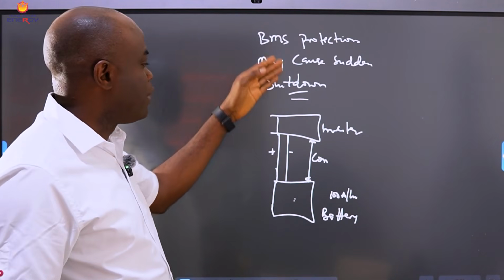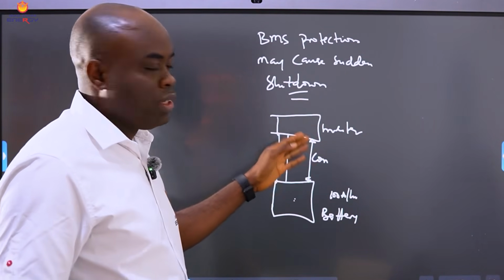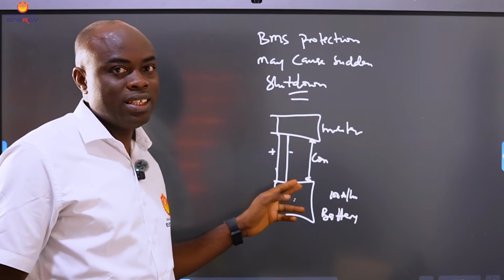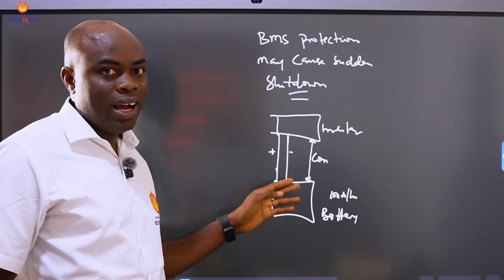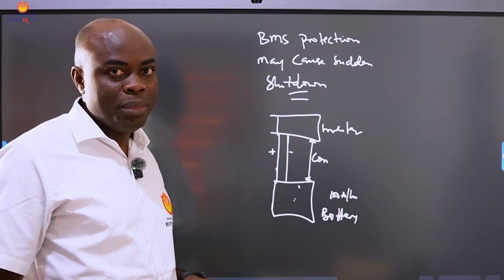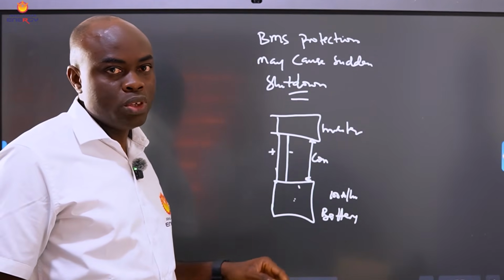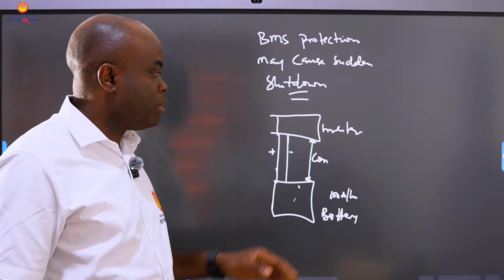But when you have a BMS communication, it would protect the inverter and cut off the supply to the load so that this battery is not damaged.